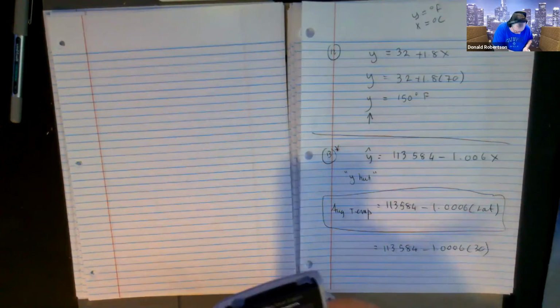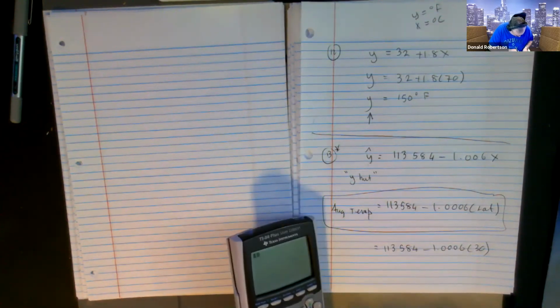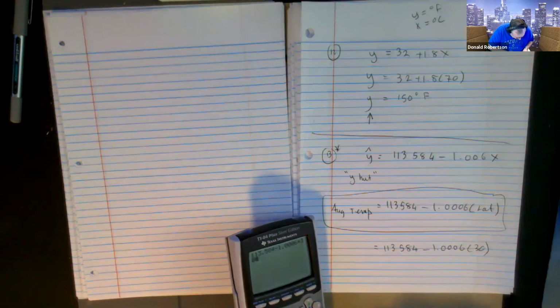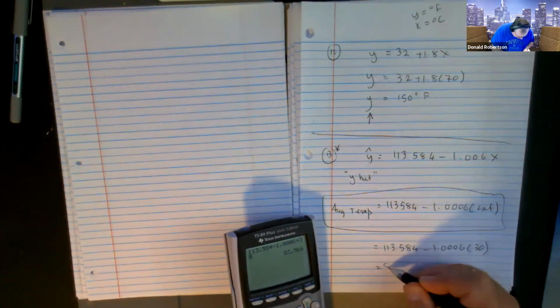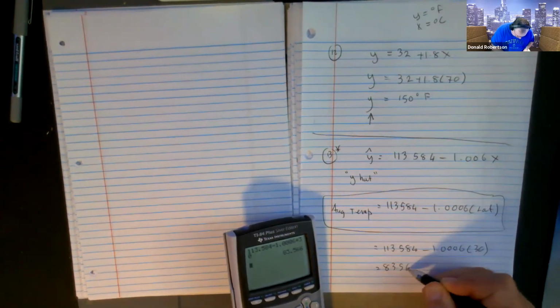And I'll just do that right now. So it's 113.584, take away 1.0006 times 30, and the answer is about 83.566 degrees.